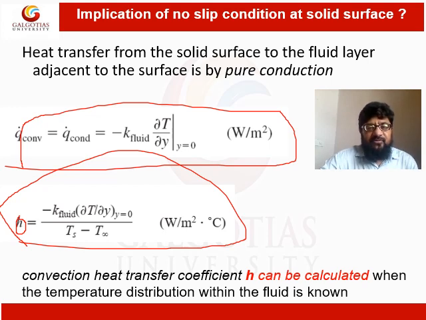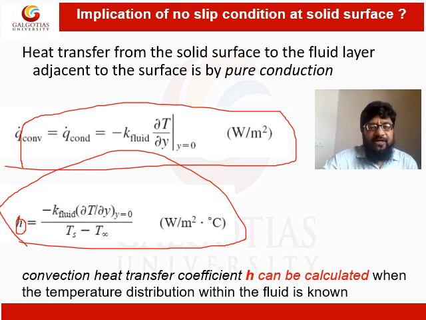Experimentally, scientists and engineers have performed experiments to define or calculate the heat transfer coefficient for various configurations and types of flow, and also for different types of convection, that is natural convection and forced convection.